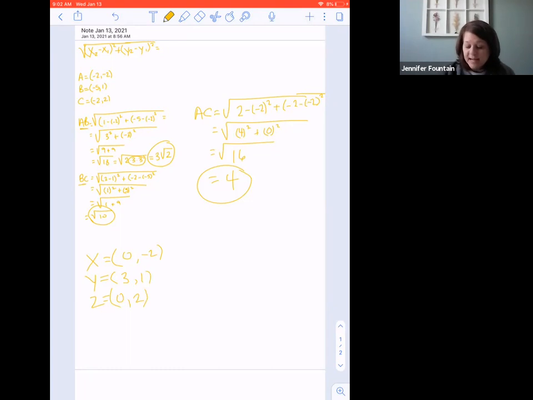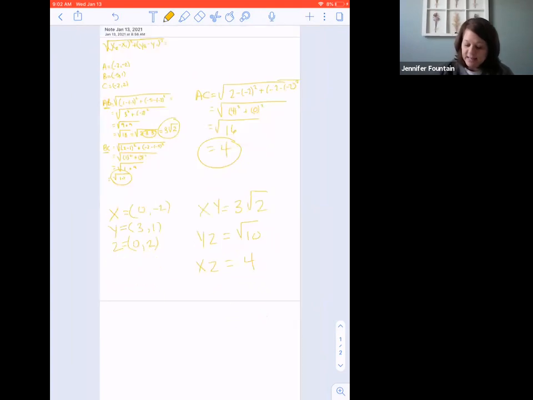The process with the second, I find that XY is equal to 3 times the square root of 2. I find that YZ is equal to the square root of 10, and I find that XZ is equal to 4.